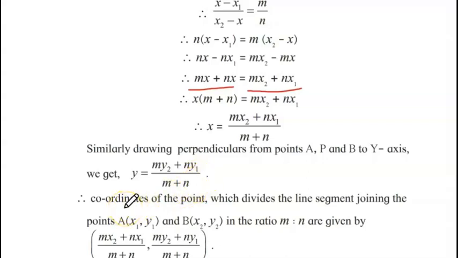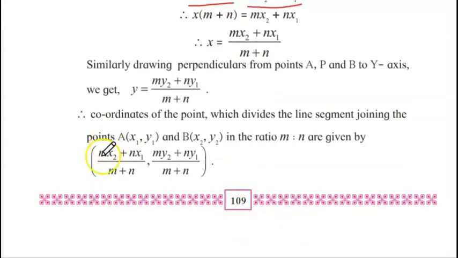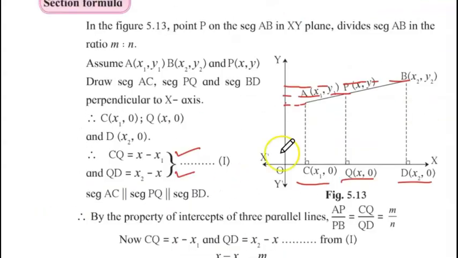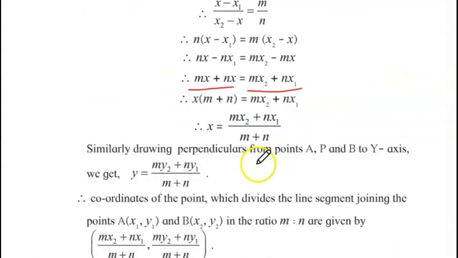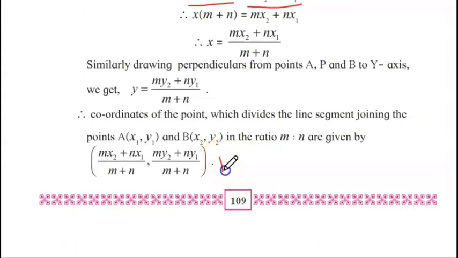Therefore, the coordinates of the point that divides the line segment joining the points A x1 y1 and B x2 y2 in the ratio m:n is given by mx2 plus nx1 upon m plus n and my2 plus ny1 upon m plus n. Okay, and this is the section formula. जर पॉइंट P AB ला m:n या रेशो मध्ये डिवाइड करत असेल, then the coordinates of the point P are this.